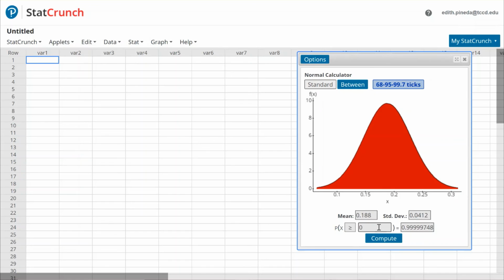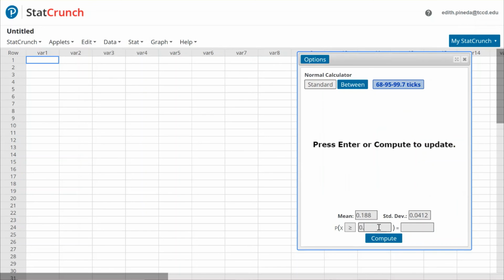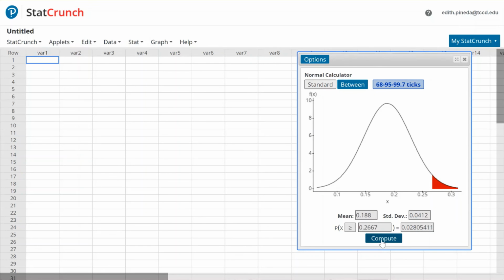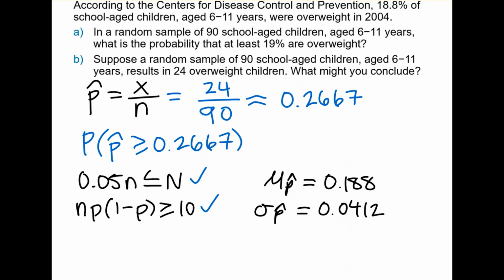And the proportion was 0.2667, and press compute. Rounding to 4 decimal places, we get 0.0281. This probability is less than 0.05. So if we see 24 overweight children in a sample of 90, we would conclude that this is an unusual event because the probability is less than 0.05.